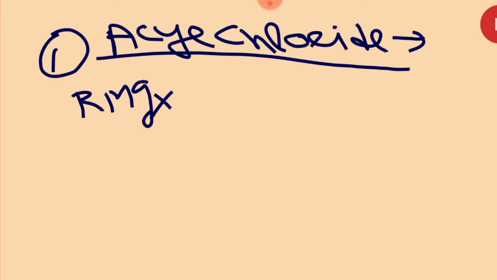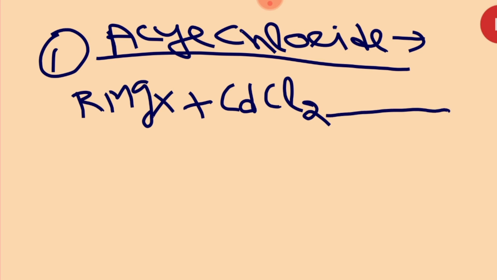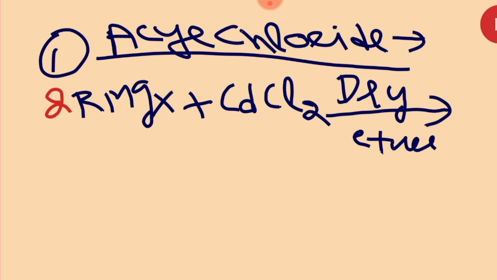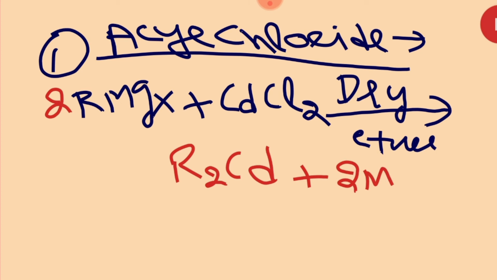Let it be, we are using RMgX plus CdCl2 in the presence of dry ether. We use 2 moles, and in the starting we are making dialkyl cadmium, R2Cd, plus 2 MgXCl.